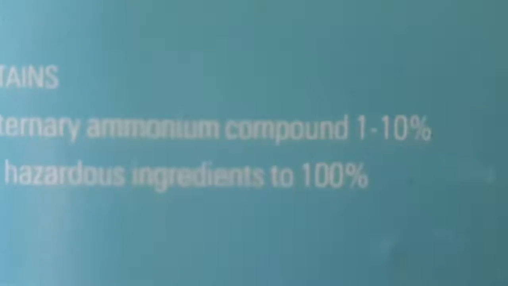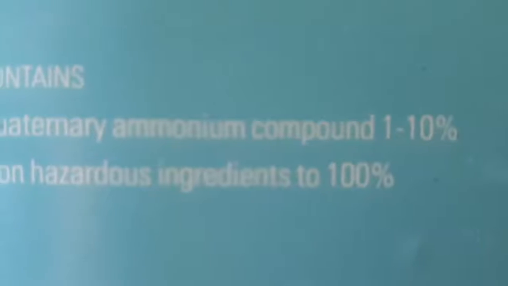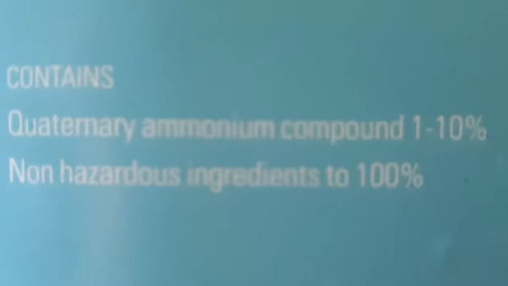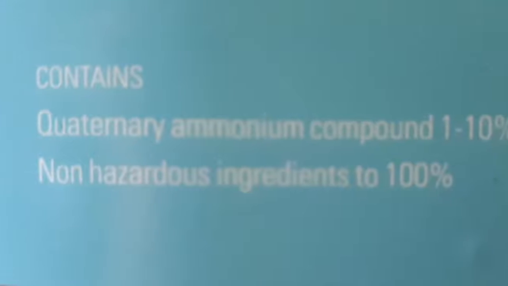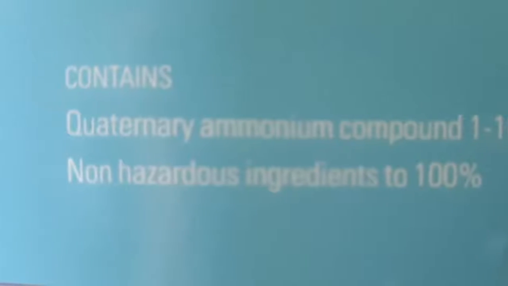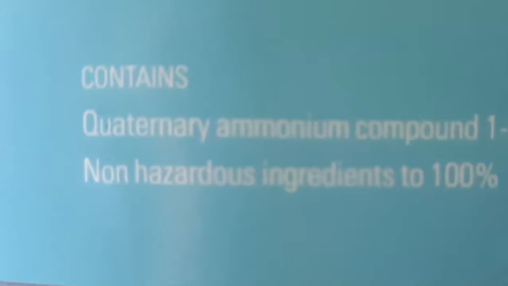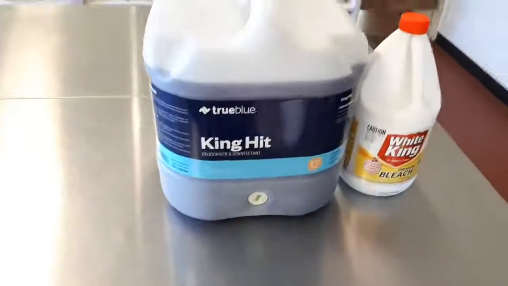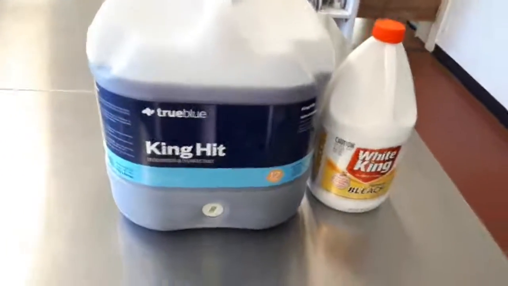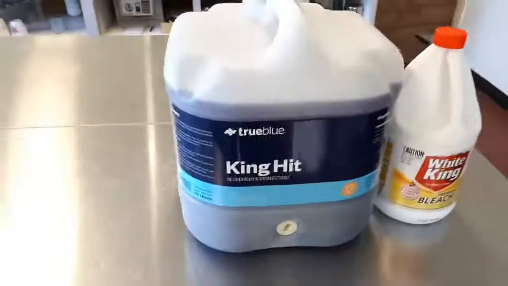Again, the reason we would prefer this over bleach is primarily, if you read this part here, sorry about the jumpiness, there we go, non-hazardous ingredients to 100%. So what it means is, while it's got an ammonium compound in there, it's non-toxic, essentially, because it's such a small amount, especially once you've diluted it. So 1 to 40, 1 to 20, or this is all you need.